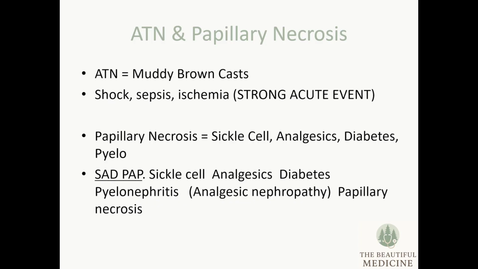So yeah. So ATN and papillary necrosis. So ATN, I'll tell you a history. If you see a patient that had a trauma or they did a surgery, lost tons of blood or lots of ischemia, shock, those kind of settings, you will think about something that is affecting really hard, a strong acute event.